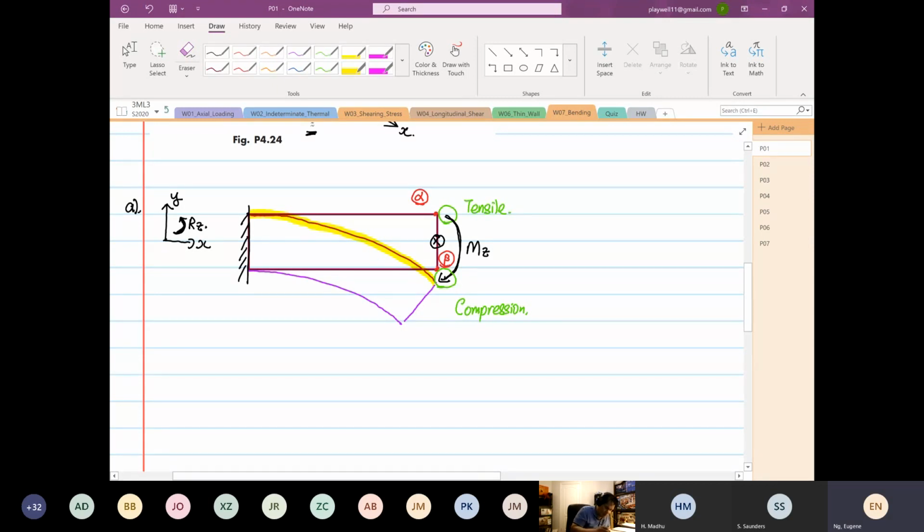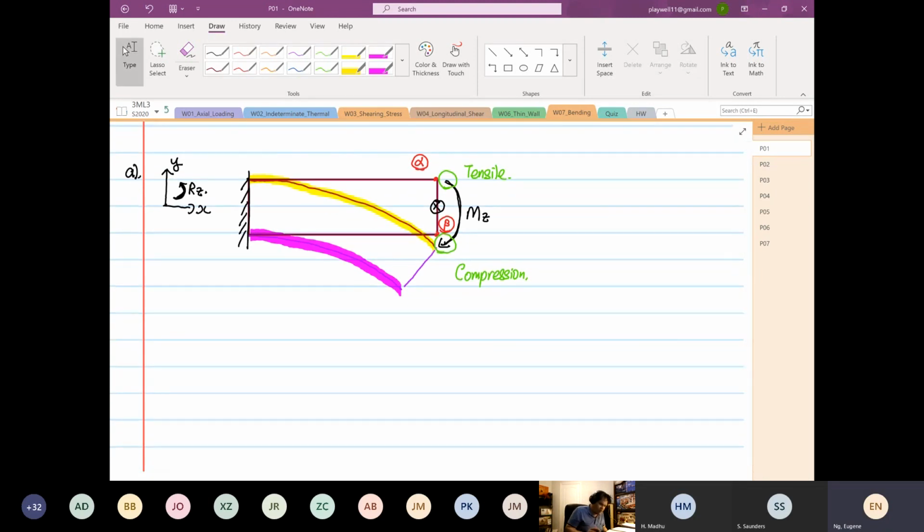This one has a smaller circumference, so it's in compression. So beta is in compression, alpha is in what? It's in tension. So from here we are going to calculate stress X.